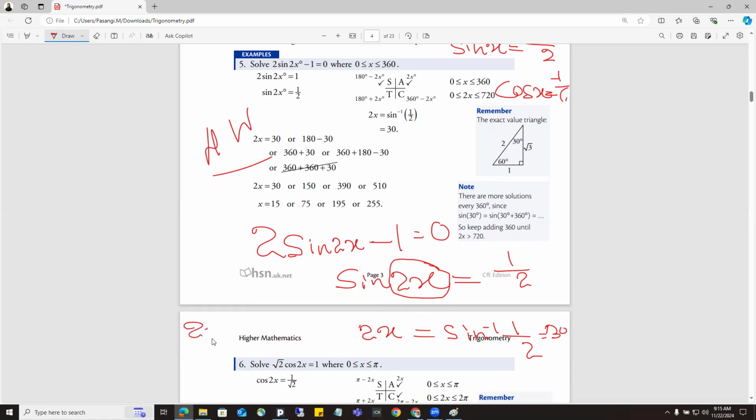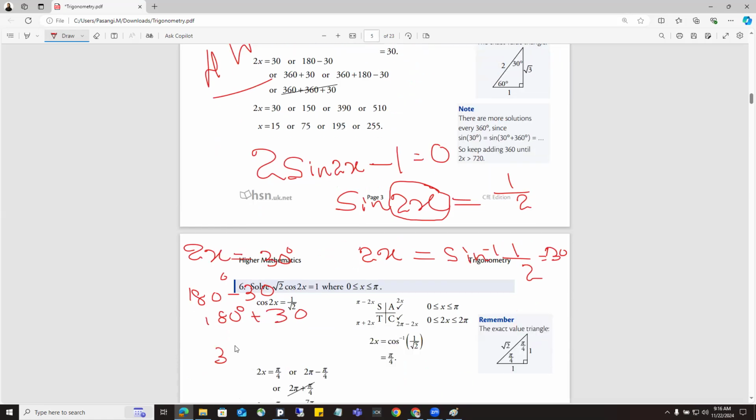That means 2x is equal to 30. Now, what are the other reference angles? Other reference angles are 180 minus 30, 180 plus 30. The last one would be 360 minus 30.